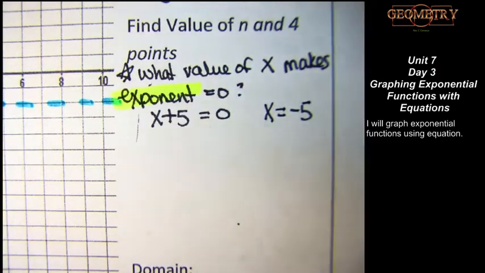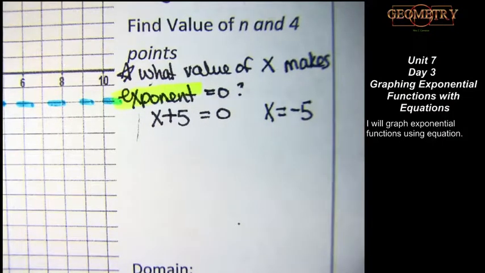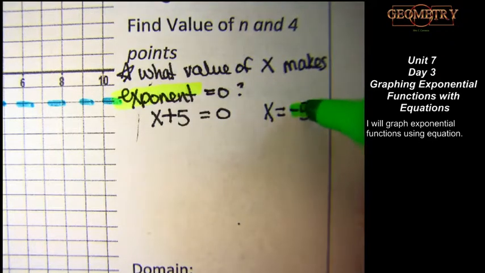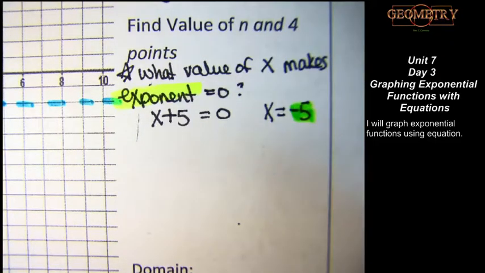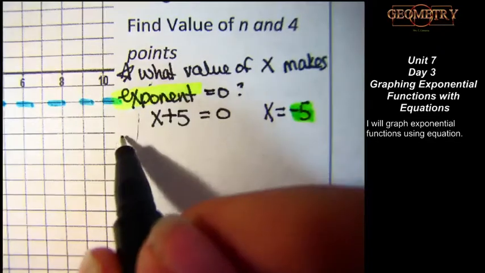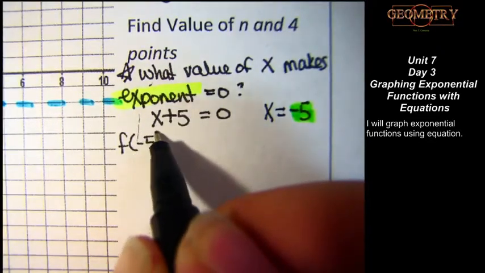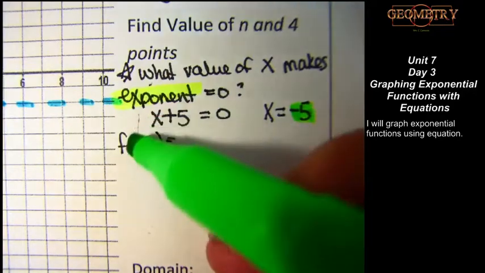I'm going to then use this value right here, trying to find a good highlighter. I guess I'll use this one. Okay, I'm going to grab that value and I'm going to plug it into my function right here.